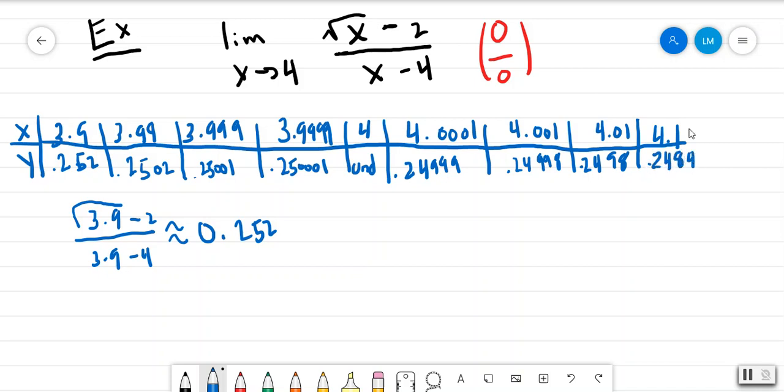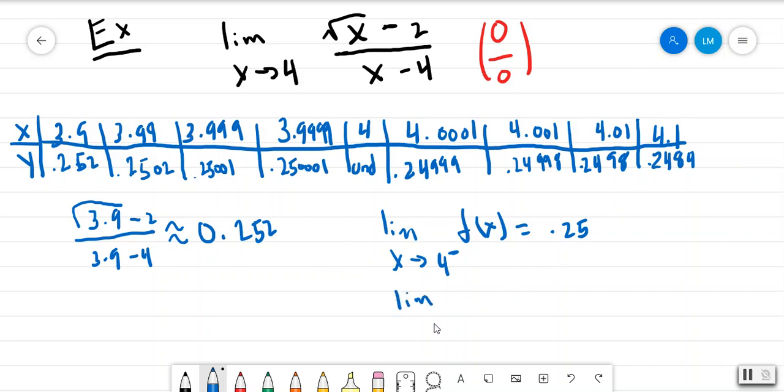Okay, now the main thing is that based on this approximation, we should be able to say that the limit as x approaches 4 from the left is approximately 0.25.